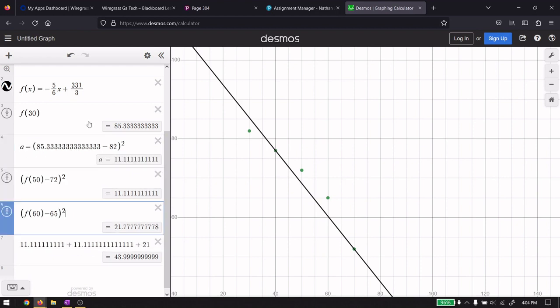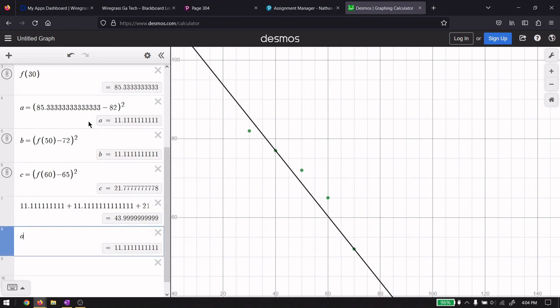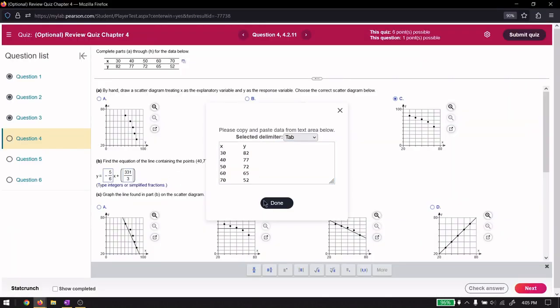So a equals, b equals, then c equals, and then all we need to do is do a plus b plus c. And here it tells us that the answer is 44 because this is more exact the way that this is read. So 44, of course, you can see 44 here when you add them up. That rounds to 44. So that's the sum of our squared residuals for our problem.